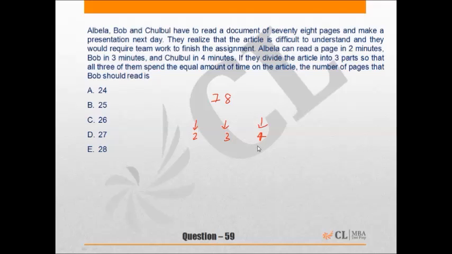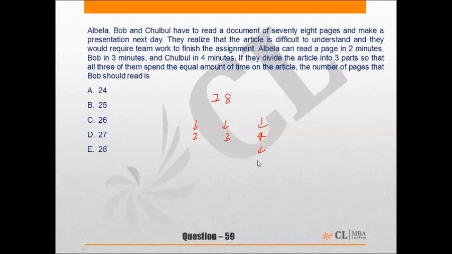And we have to divide the number of pages among the three of them in such a way that the assignment is completed at the same time, or each of them spends the same amount of time reading the number of pages that they have got.